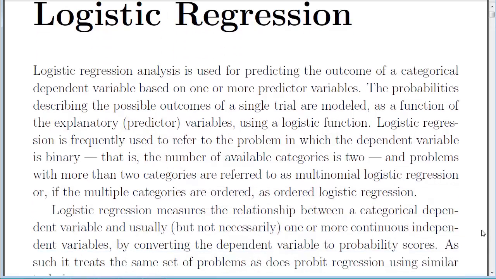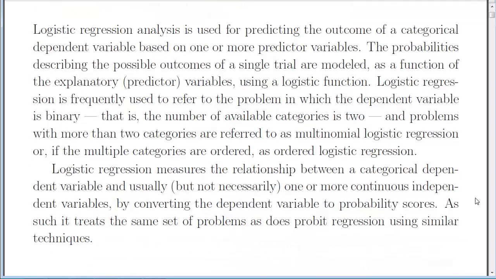And there's even special cases where you might have ordered categories. A case of a set of ordered response variables might be something like a Likert scale, where you have strongly disagree, disagree, neutral, agree, strongly agree. Those are 5 categories, and there's a probability of a response falling in each of those categories, but they also have an ordered structure.